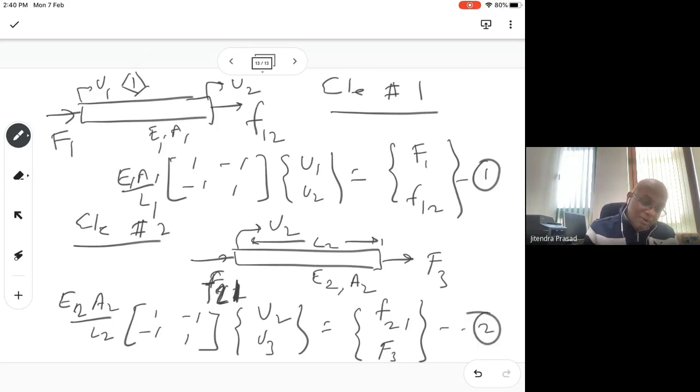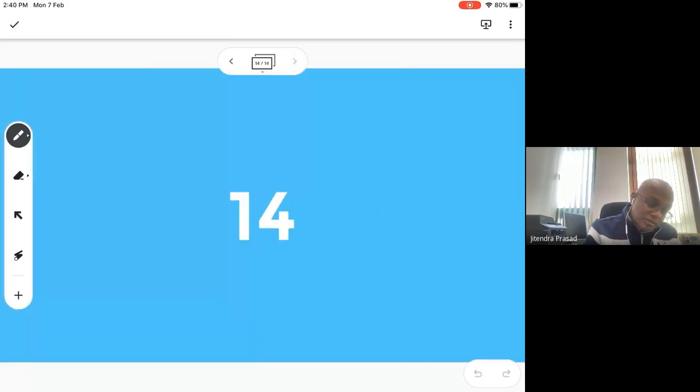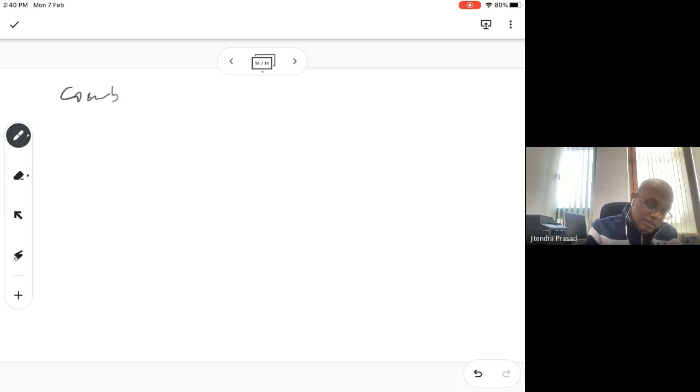If you combine both this and this, combining 1 and 2, what do you get?